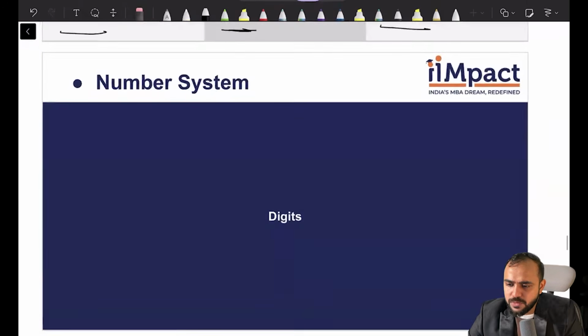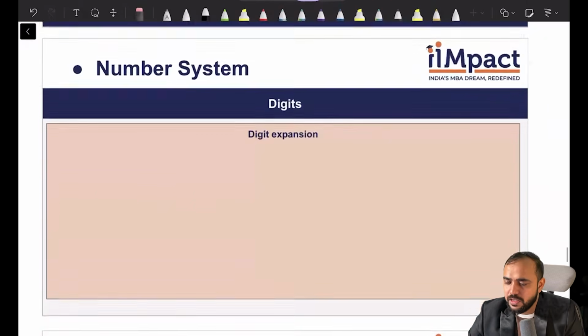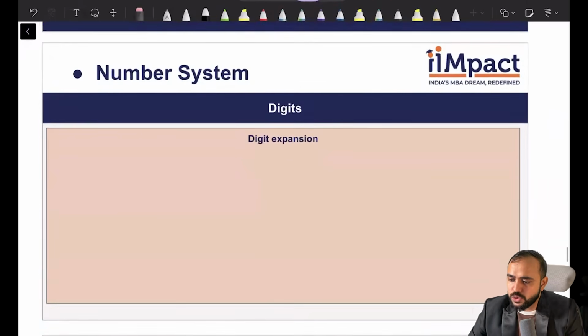All right, so let's move to the digits part. Most questions in digits would be of the format of a word problem where they say this digit is exchanged, this digit is written incorrectly. So what you should know in that situation is how to write a number if the digits are given.